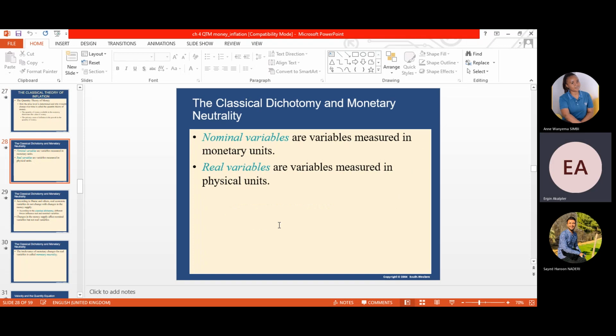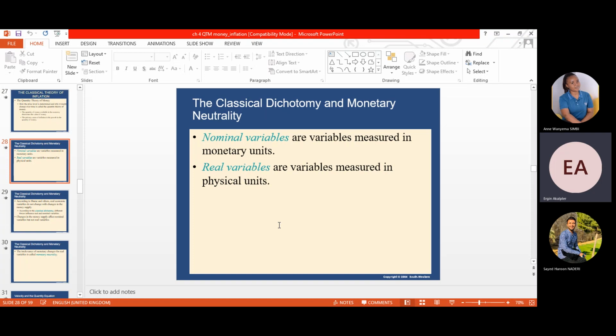From this point of view, I have to refresh you, because I'm sure you are aware of nominal and real variables. And in the economy, we have a problem with these two variables. On the one side, the nominal variables, where we only concentrate on the current values and the monetary values of the currency, affect and change economic activities.